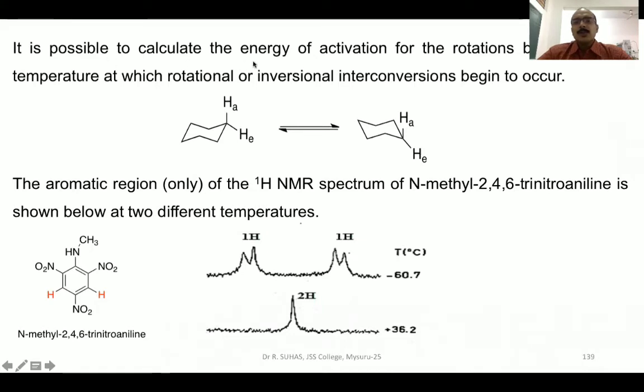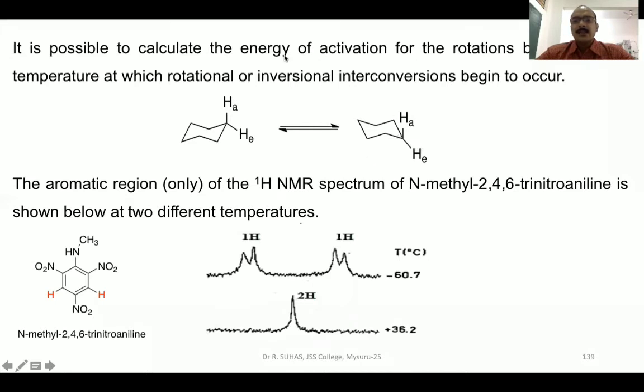So it is possible to calculate the energy of activation for the rotations by noting the temperature at which the rotational or inversional interconversions begin to occur. So here you have cyclohexane. This is the axial proton and this is the equatorial proton. When you calculate the energy of activation, it will give some X value. After some time, the molecule will have undergone inversion, or ring flipping has taken place, wherein the axial and equatorial protons will change their positions.